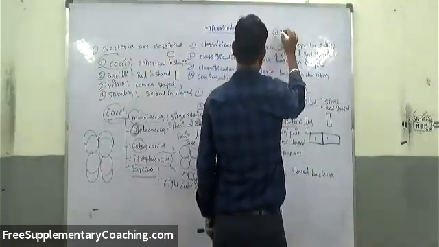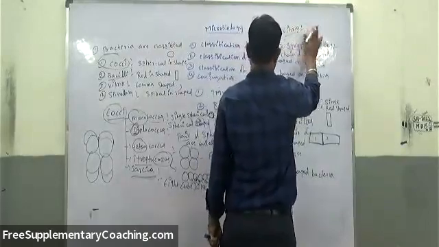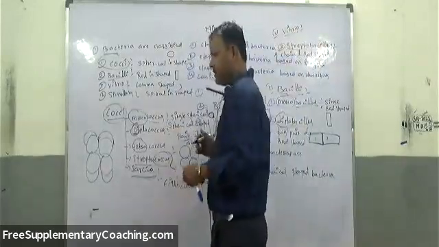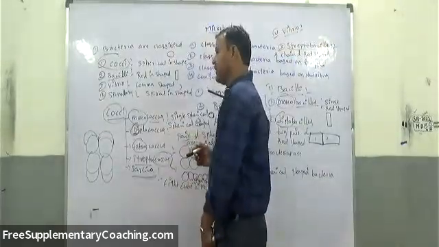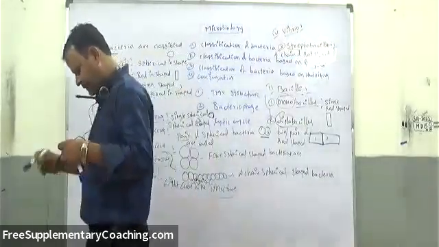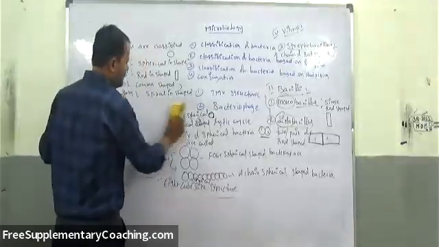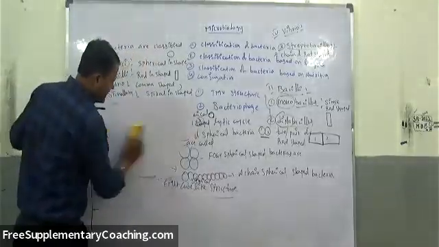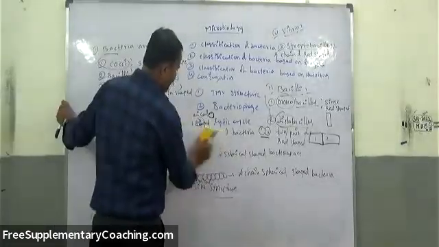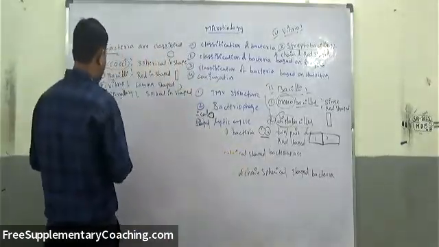The fourth one is Vibrio. Vibrio is a comma shape. Already explained here. Spirillum. Again, spirillum is divided into vibrioid and spirillum.